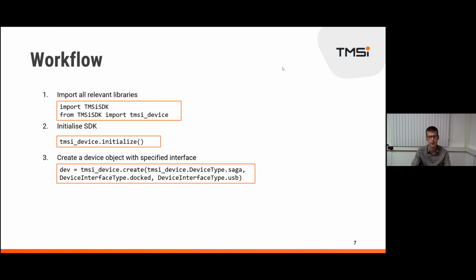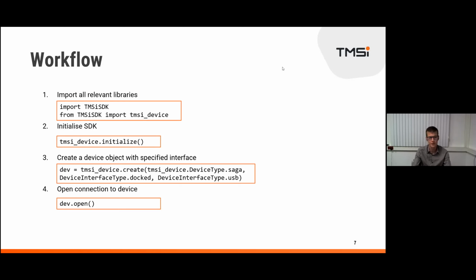You specify the type of device, of course currently this is only the Saga device. But what you also need to do in this step is to add the interface type over which you want to connect. In this case, I've chosen to display the regular USB docked, which is just a stationary setup for Saga.